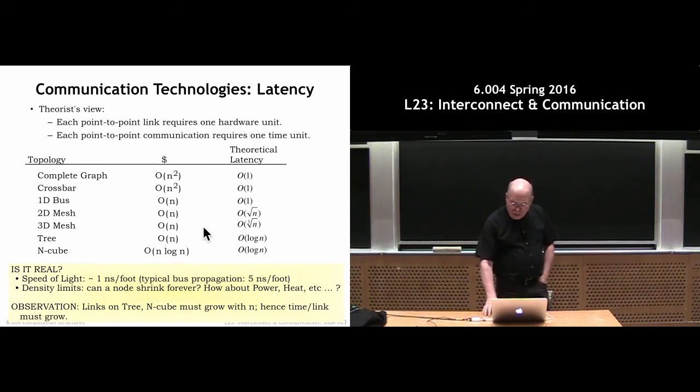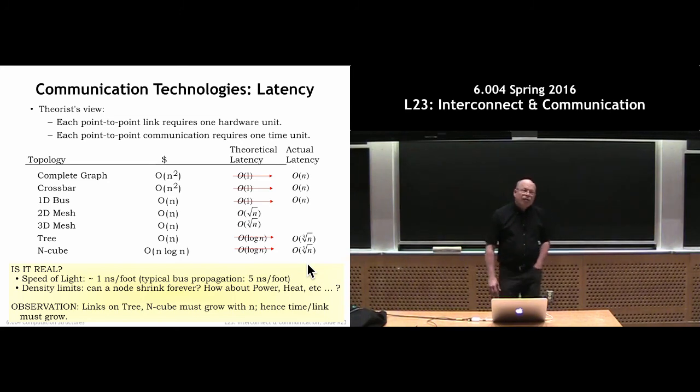All these theoretical latencies are actually much different when you account for the fact that we live in a 3D reality. A lot of these things that seem theoretically attractive turn out, as a practical matter, to get slower as you make your network bigger.